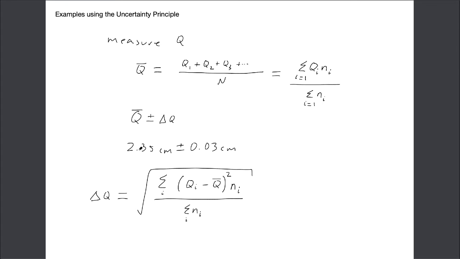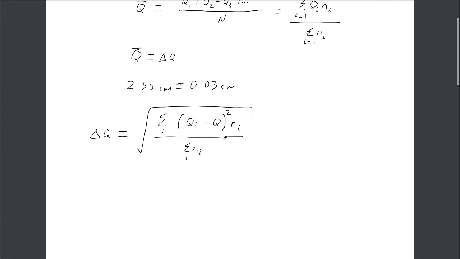It's usually much smaller than the average. If it's the same size as the average, that makes your measurement seem not very good. So let's just say usually delta Q, the uncertainty, is less than the average. And in fact, usually it's much less than the average.